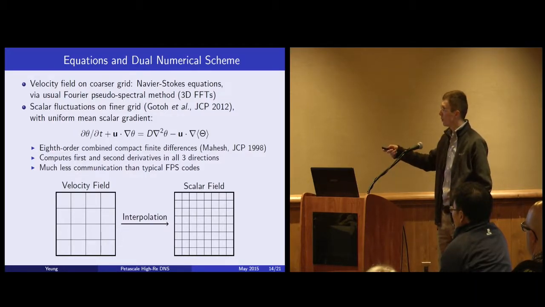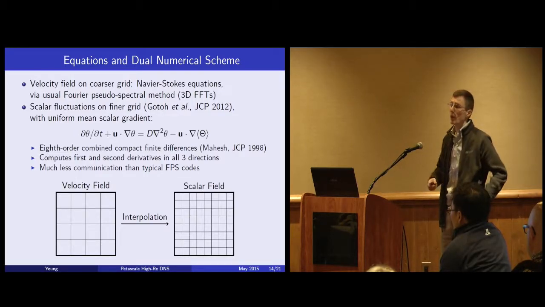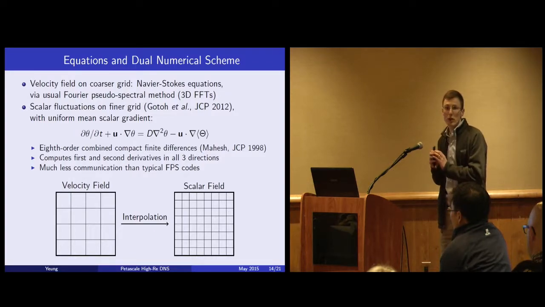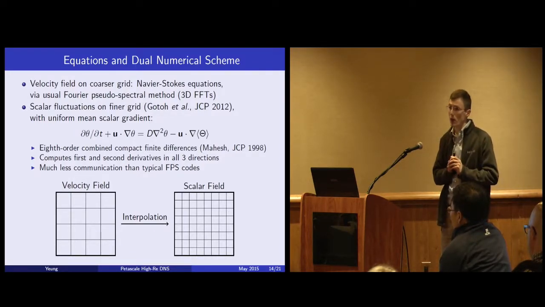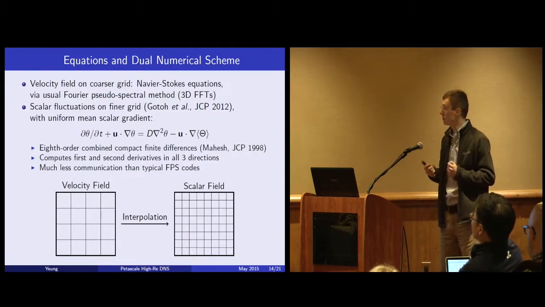We're building on the work of our collaborator Toshiyuki Goto in Japan, who in 2012 presented a numerical method where the idea is the scalar field requires a very fine grid resolution for its simulation, but the velocity field does not. So let's decouple both the numerical grid and the numerical scheme used for the velocity field and the passive scalar field.